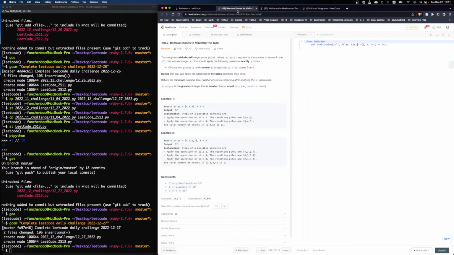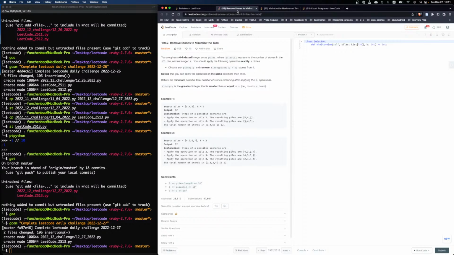Okay, where am I? I have piles, and each one represents the number of stones in the pile, and an integer k. I should apply the following operation exactly k times: choose any pile i, and remove floor(piles[i] / 2) stones from it, so just integer division. You can apply the operation on the same pile more than once.